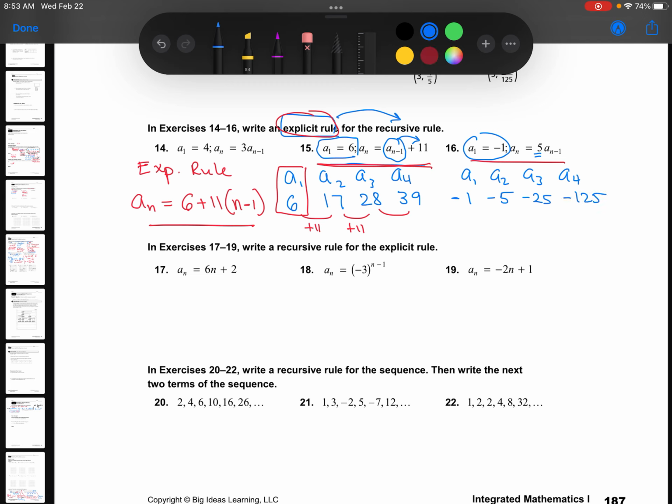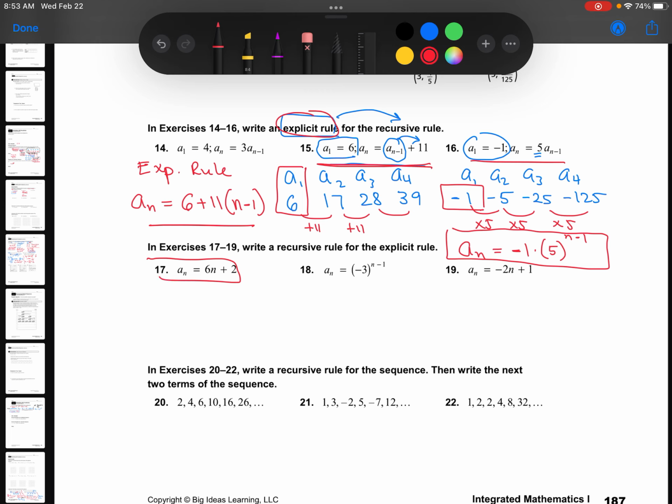Based on this, we know that the common ratio is multiplication by 5. The first term is -1, so the explicit rule for this sequence is the first term, -1, and I'm going to multiply it by 5 n minus 1 times. And that's it. Okay?